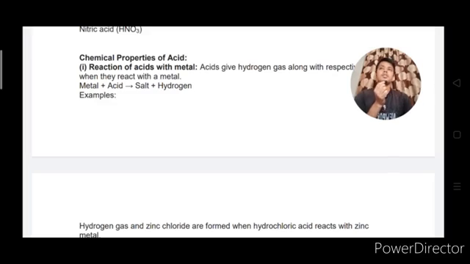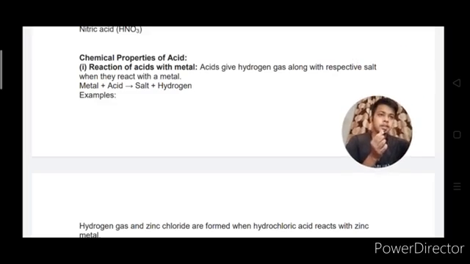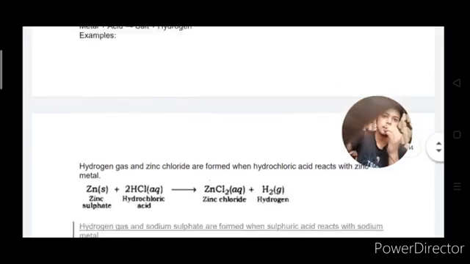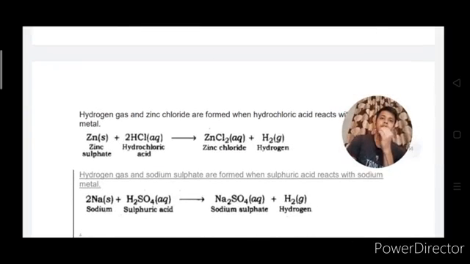Reactions of acids with metals: whenever an acid reacts with a metal, it gives you the respective salt. Take the example of zinc metal reacting with HCl, hydrochloric acid. The aq written in brackets means aqueous, so there is a water content here.